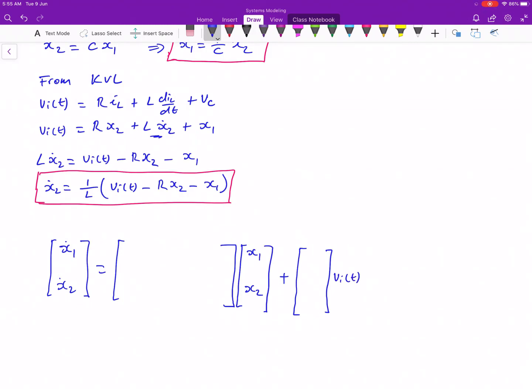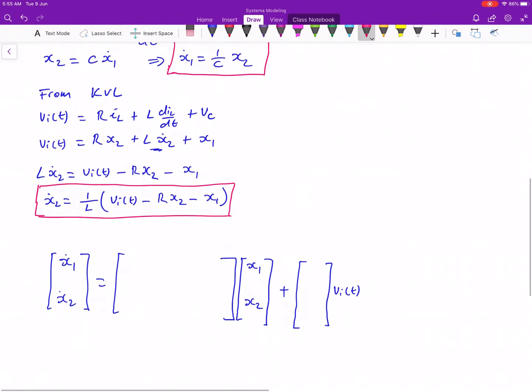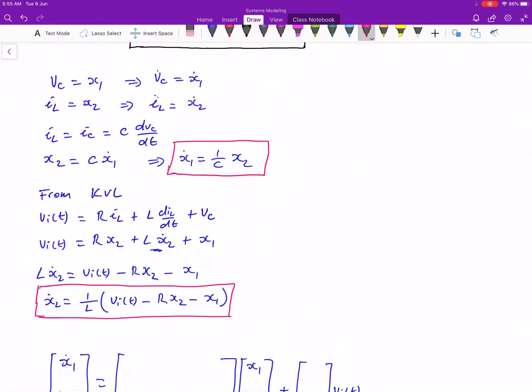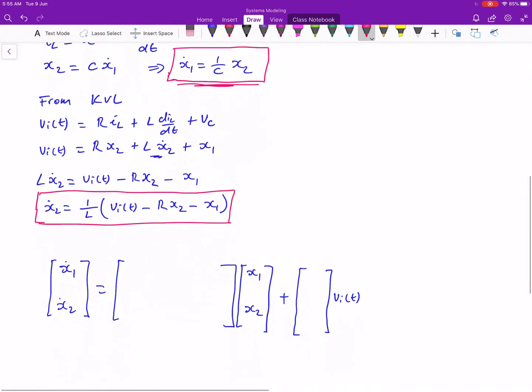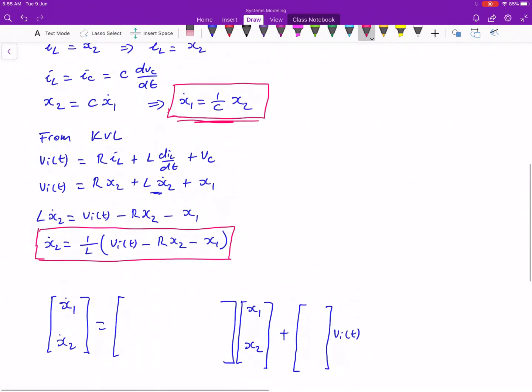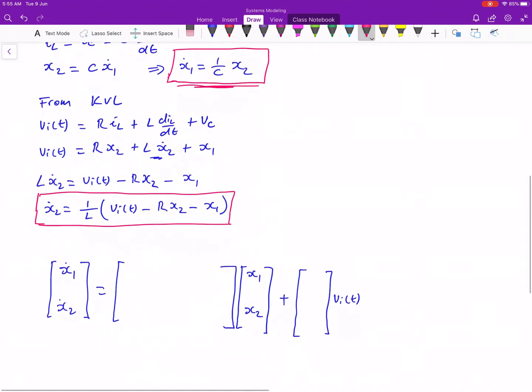Now we need to fill this in. From the beginning, we know that X1 dot is equal to 1 over C X2. So at X1 there is a 0, and here we have 1 over C.